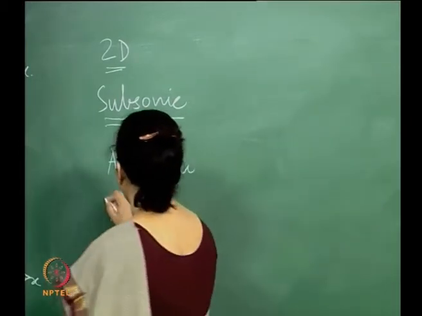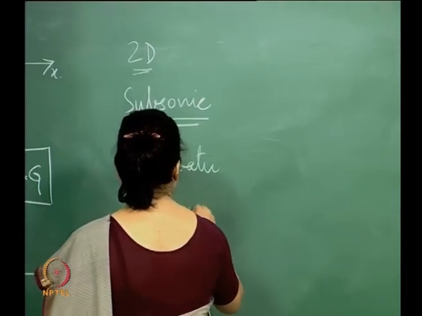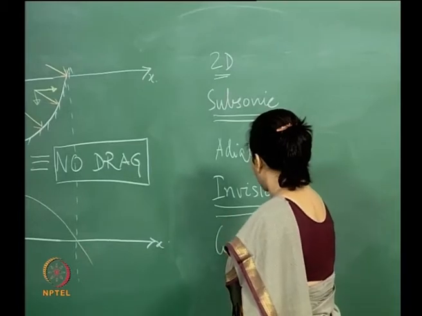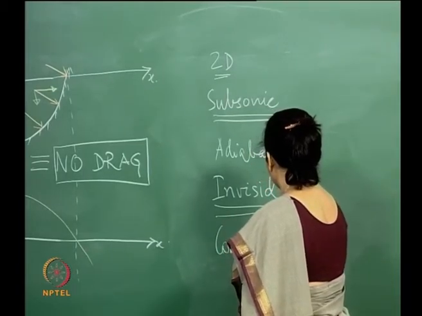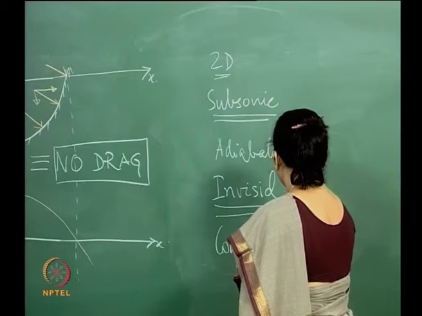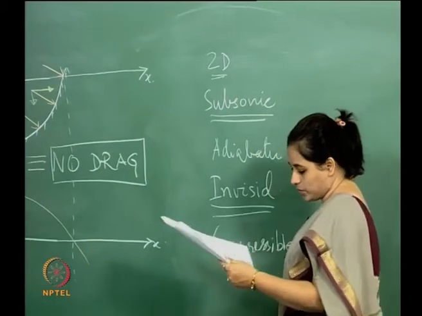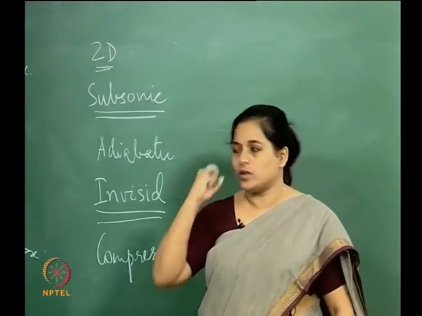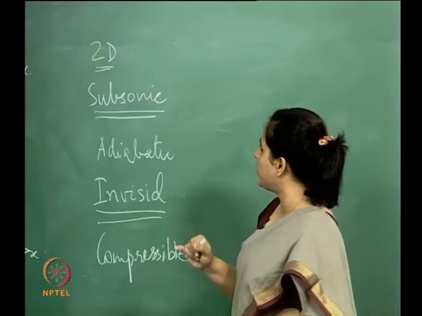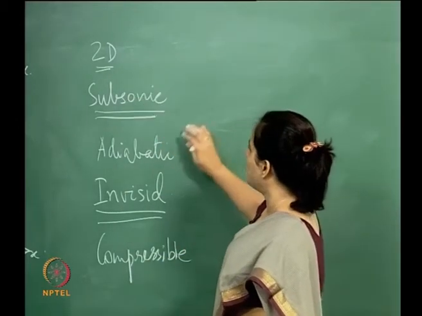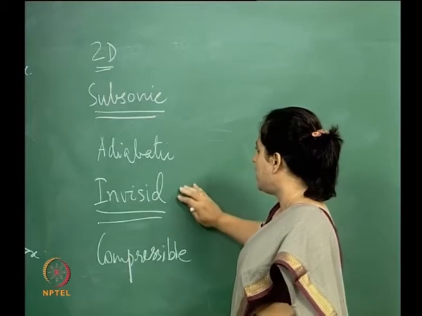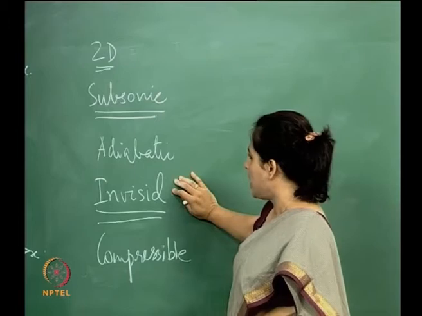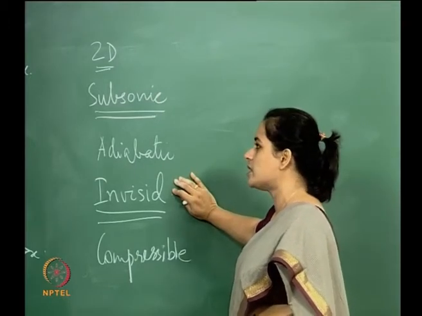So, this was compressible flow. When we took the wavy wall, we took a 2D problem, we said it was subsonic and adiabatic, and we did an inviscid solution for this, and we were able to solve the equations.